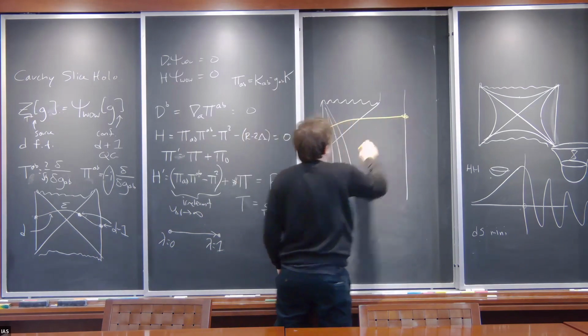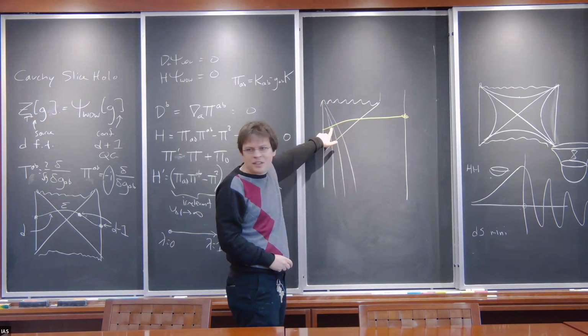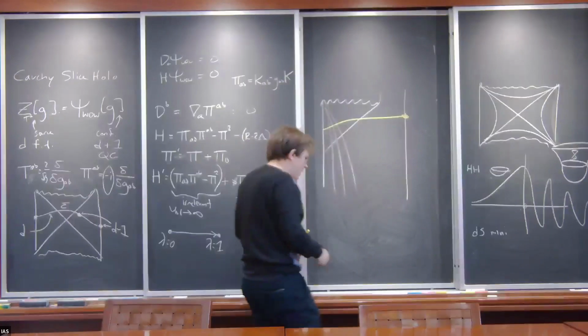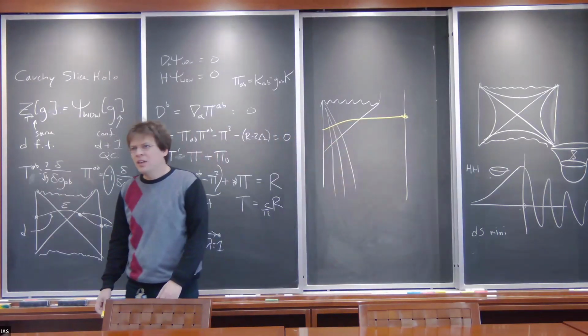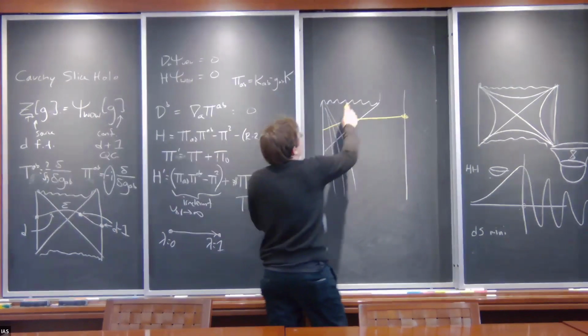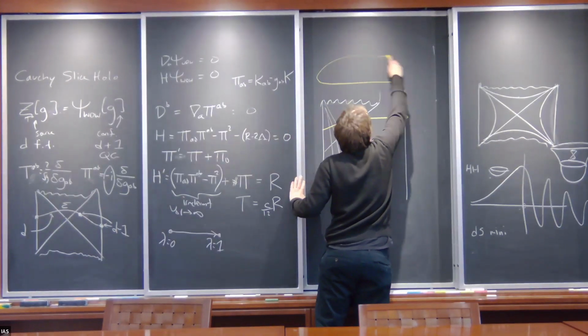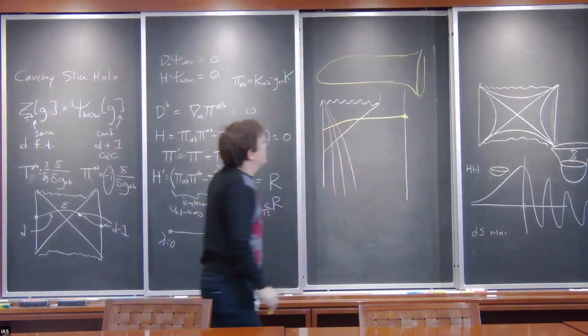The star that fell in is going to be affecting the sources on this Cauchy slice. Assume that star is in a pure state, then those sources will be in some superposition of pure states. And this thing is just like some cigar shaped thing. This is like some nice slice.